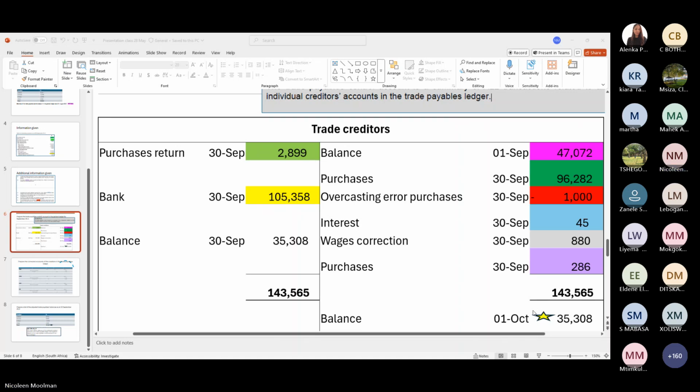Just to add on that, Nicolene, in a case where the supplier maybe also missed it on their side, the fact that we've incorrectly shown the amount on the statements, we can also debit a receivable, because now the supplier will owe us against that customer account, and then we'll credit our trade creditors account instead of debiting bank.